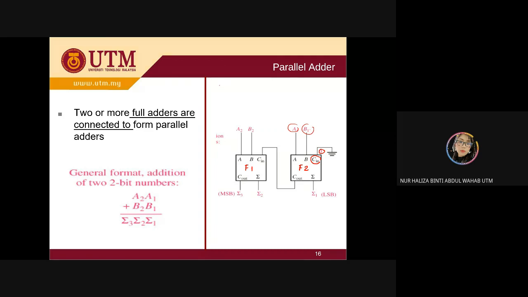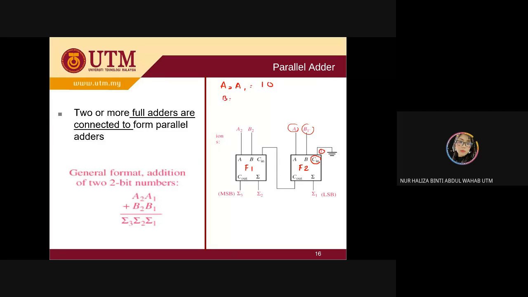So let's say you are given two numbers. Oh, okay. Let me give you the number first. A2, A1 is 1, 0. Okay.